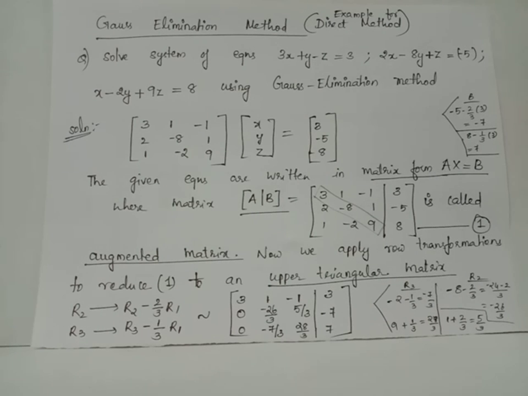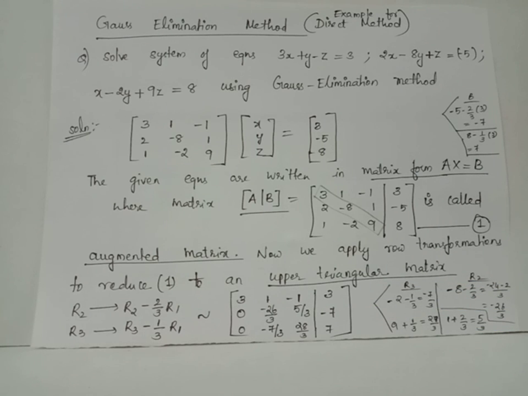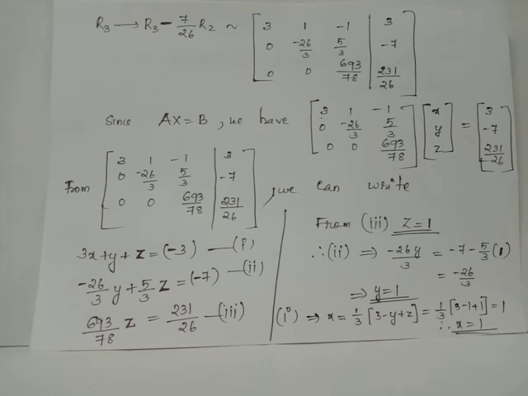When we apply the same row transformation for these two positions, this position changes to 28 by 3 minus 7 by 26 times 5 by 3, which gives us 693 divided by 78. For the constant matrix, applying the row transformation, we obtain 7 minus 7 by 26 times minus 7, which gives us 231 divided by 26. Thus, applying this row transformation, we have obtained the augmented matrix updated in this way.